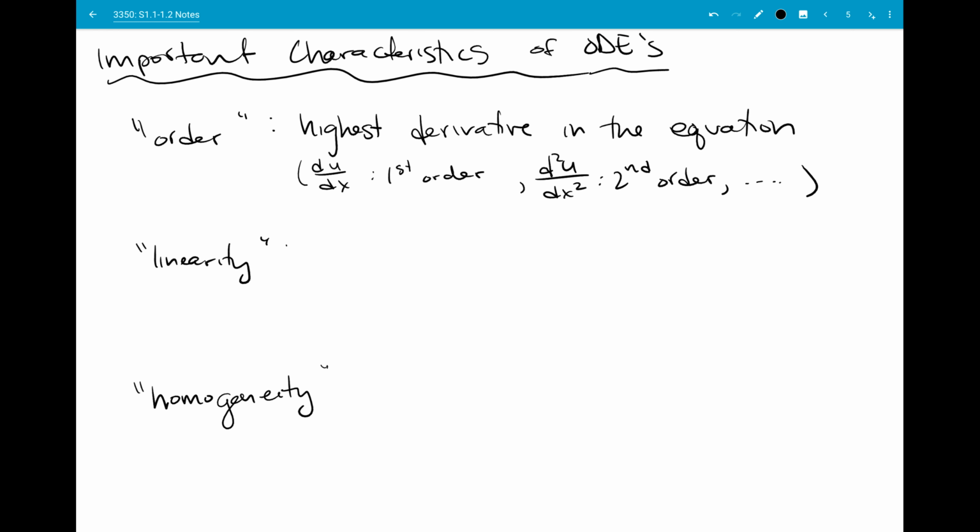Linearity is going to sort of mean not multiplying a variable or its derivatives together.